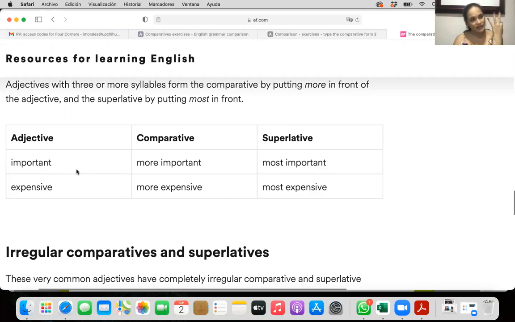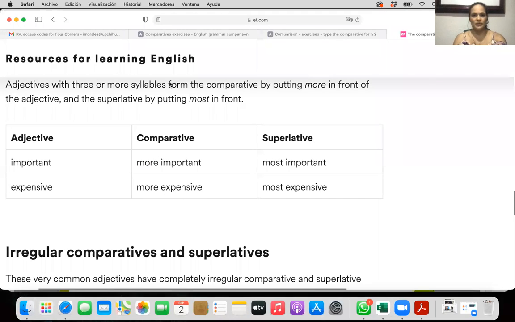Important has 3 syllables too. So because it has 3 syllables, we're going to put the comparative more, and then our adjective. Remember, the adjective doesn't change. We have another adjective, expensive. Because it has 3 syllables, we change it to more expensive.